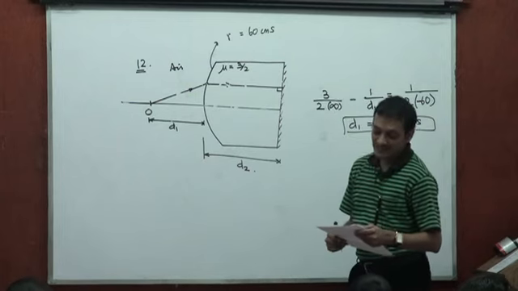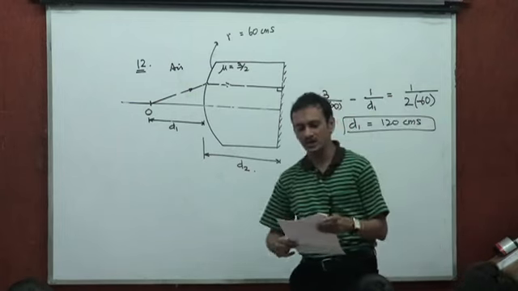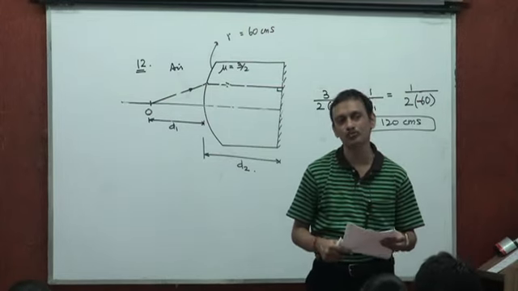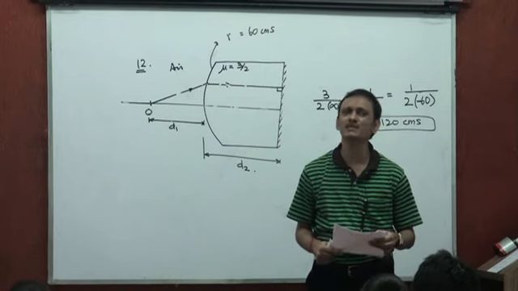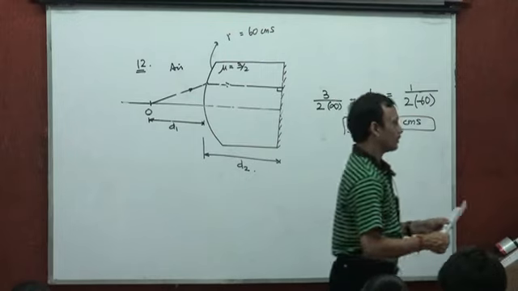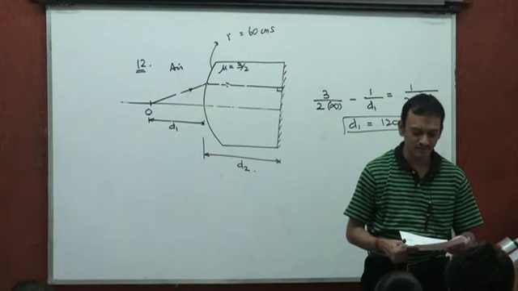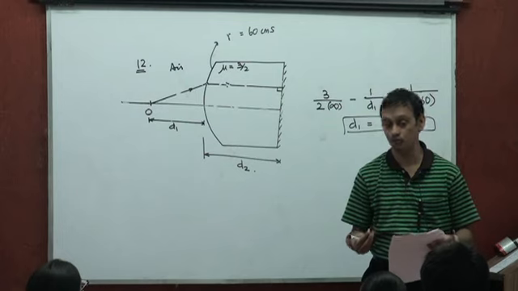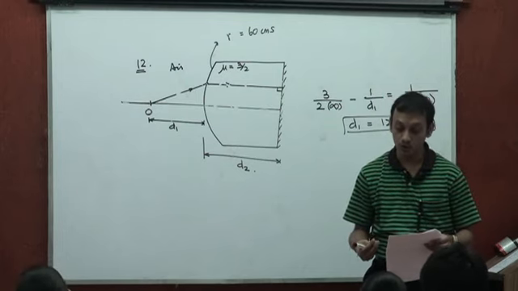B, C, D are all about D1 being 240, and the final image still being formed at O. At least B and C refer to D2.